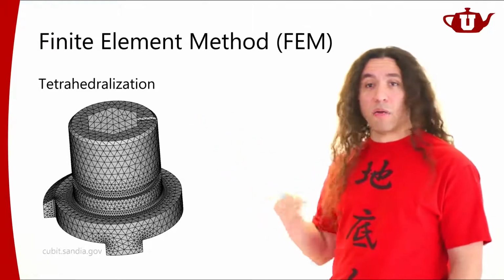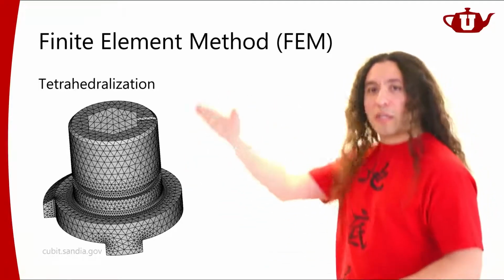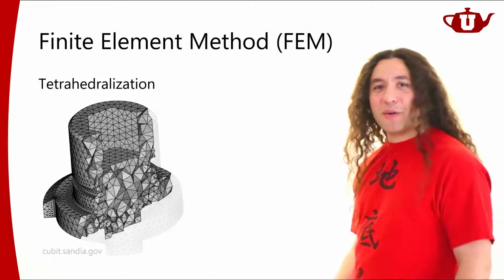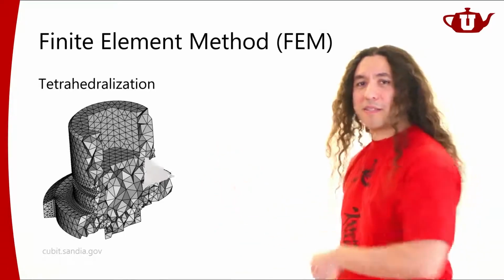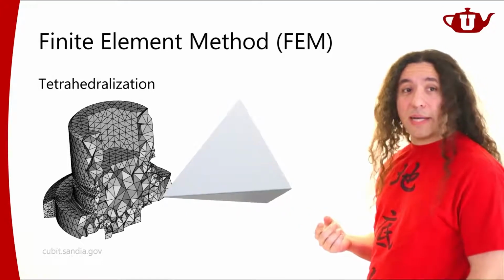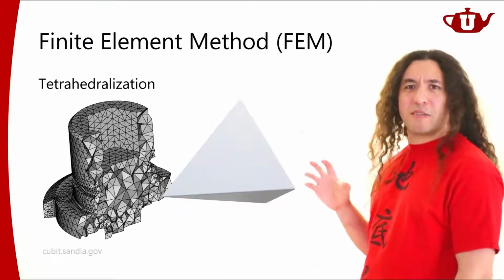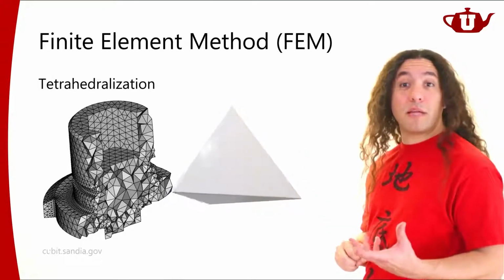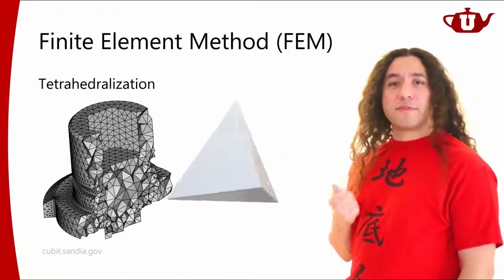We form a whole bunch of tetrahedra out of this object. So if I were to cut this, it will look like this, right? So I have a whole bunch of, like, each one of these is actually just a tetrahedron, right? And the reason why we use this is that it's the simplest 3D element that we can form. And there are various ways of handling this.